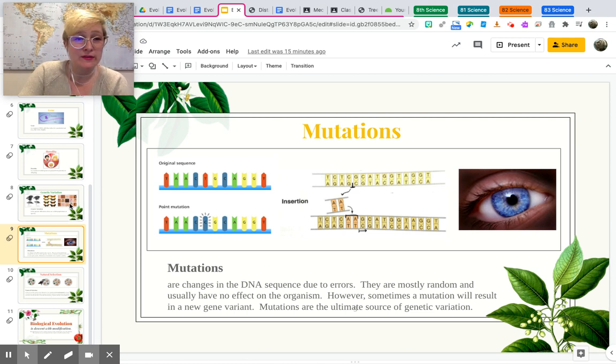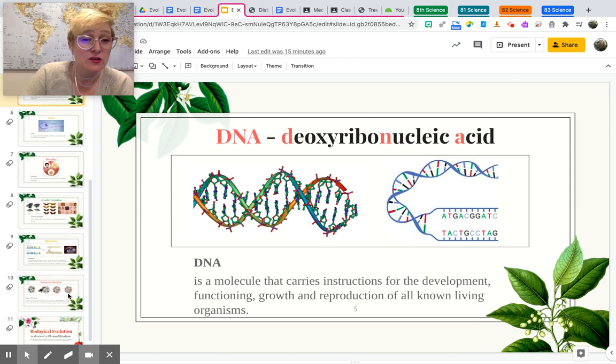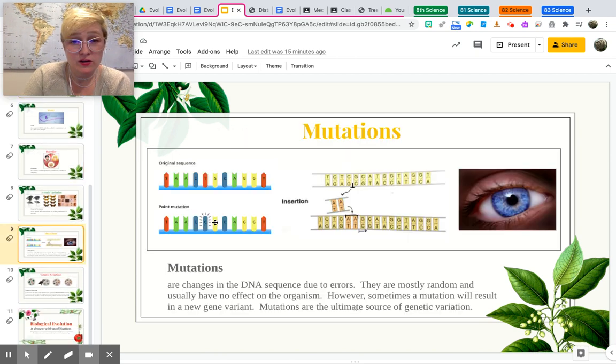So you remember how I said way back here that DNA had these letters, right? There were nucleic acids and they encode for things, right? So mutations are changes in the DNA sequence. So here, this is called a point mutation, right? There was a sequence of TAACTGCAGGT, right?